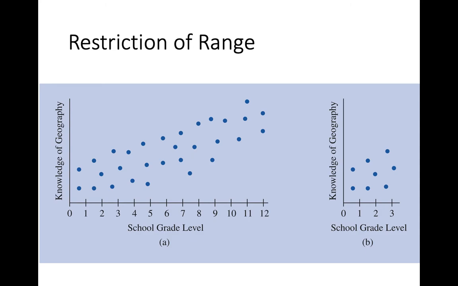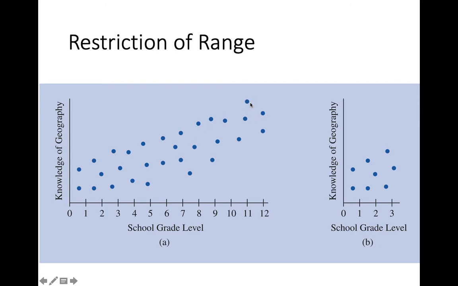That's because we have a restricted range. If we had our full sample of data, with first graders all the way through 12th graders, we would establish that there's absolutely a positive correlation between grade level and knowledge of geography, such that as we progress in school, we gradually know more, we gradually learn more.